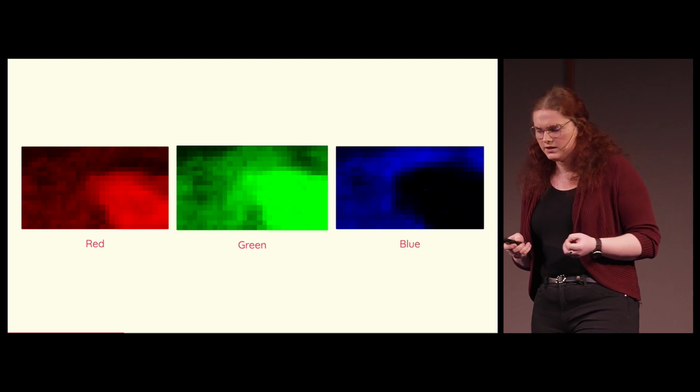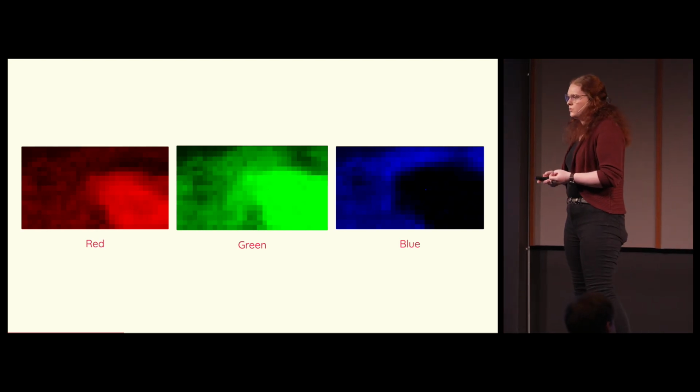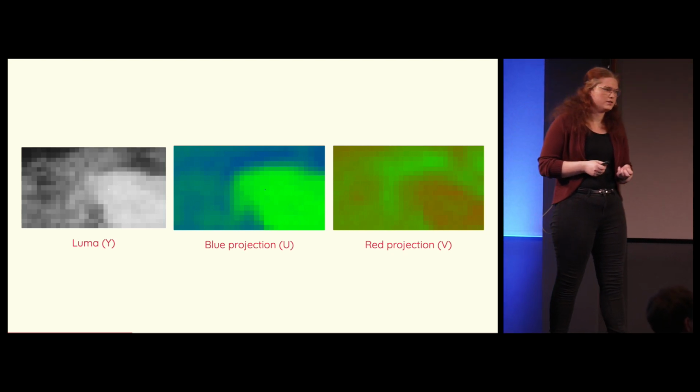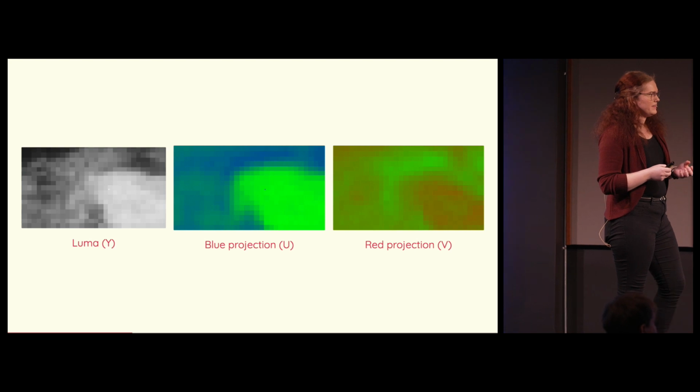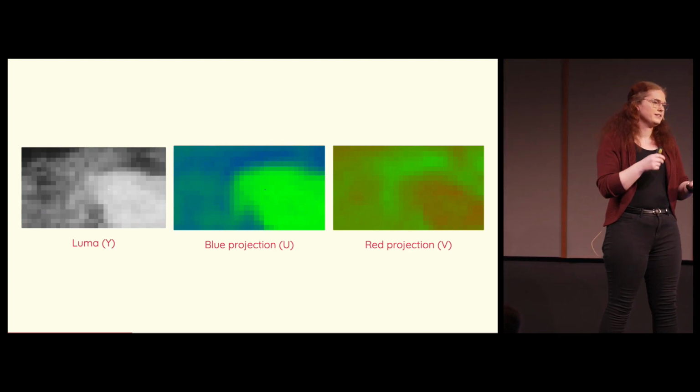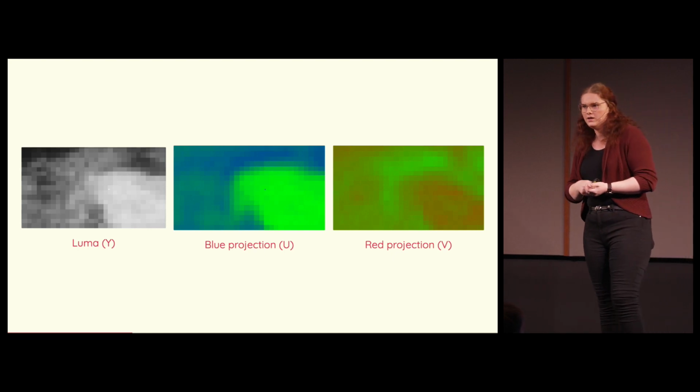You don't have to make it a function of red, green, and blue. You can make it a function of something called luma, blue projection, and red projection. And the only thing that's actually different is how you put the numbers together in order to end up with the resulting color.